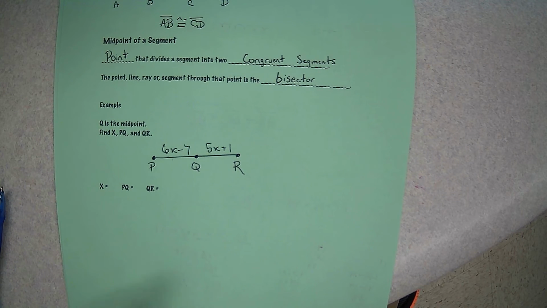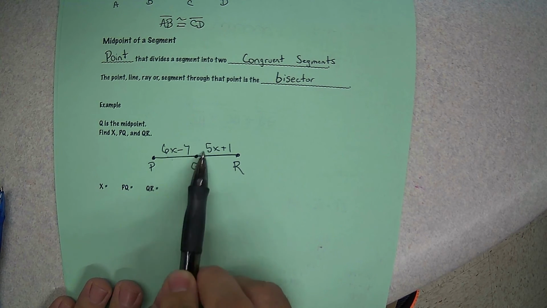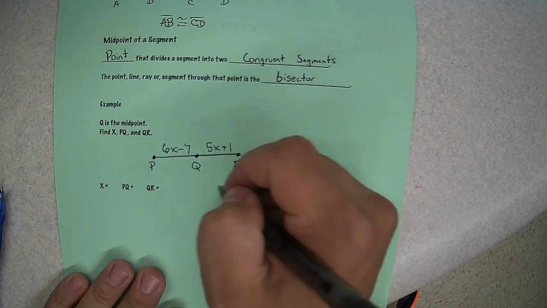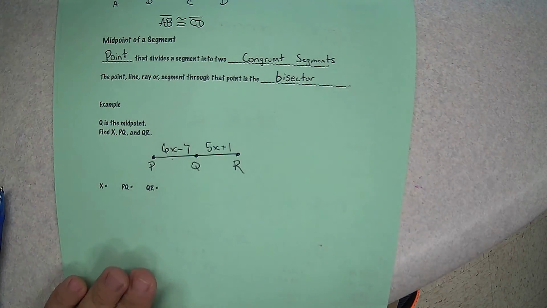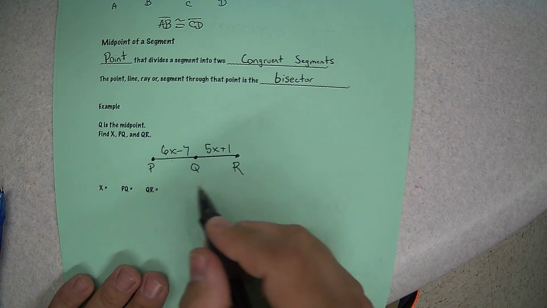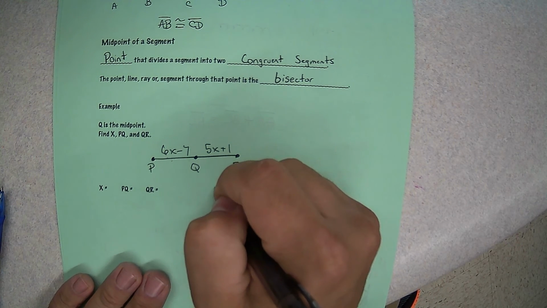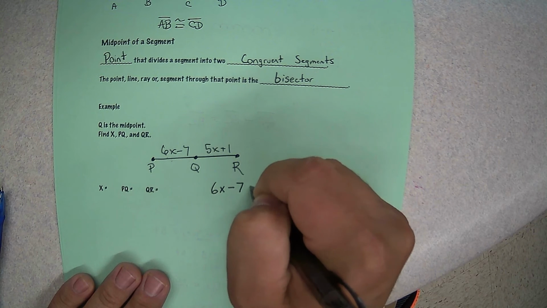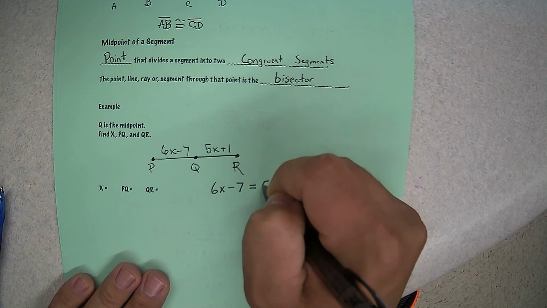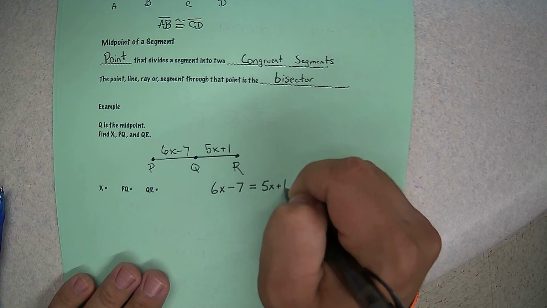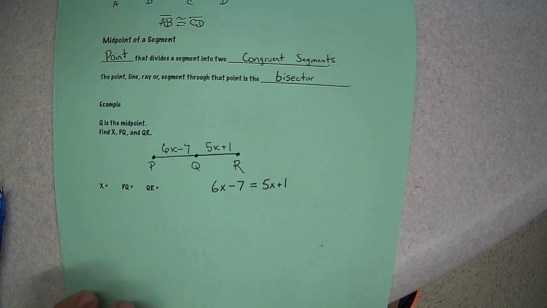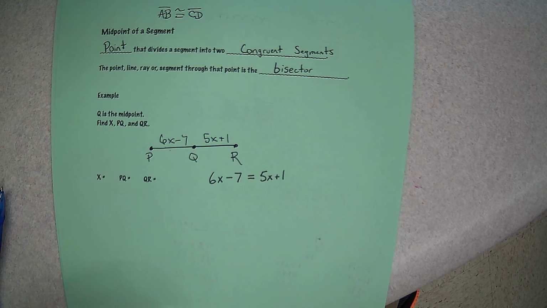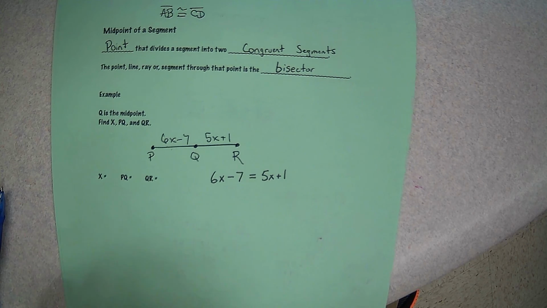We can set up an equation with that because we know that these two are the same, or another word for the same is equal. PQ is congruent or equal to QR. Our equation is 6x minus 7 equals 5x plus 1. Now I have an equation we can solve for x, which will help us find those two lengths.